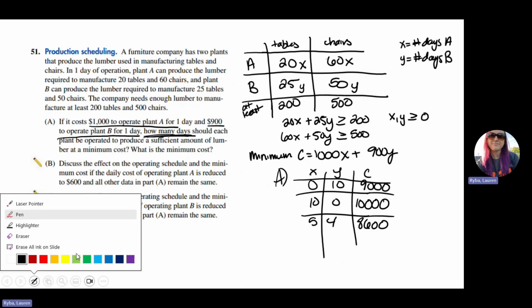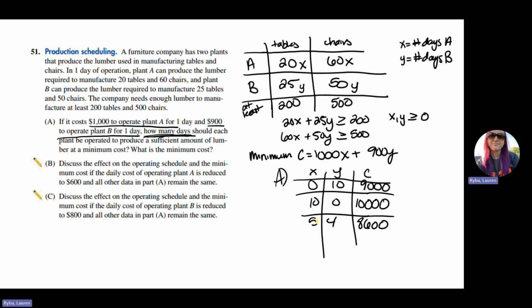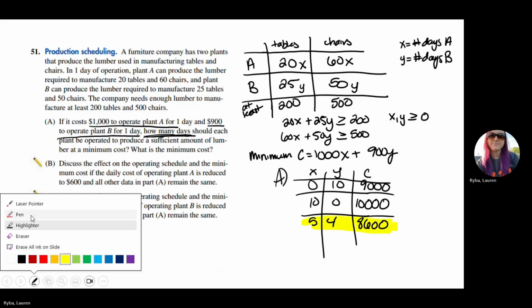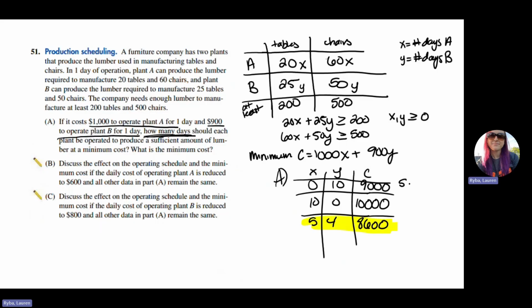So we wanted the minimum cost. So here is our minimum cost. And that is going to be if I do 5 days at A and 4 days at B, which gives me the least amount of cost, $8,600.